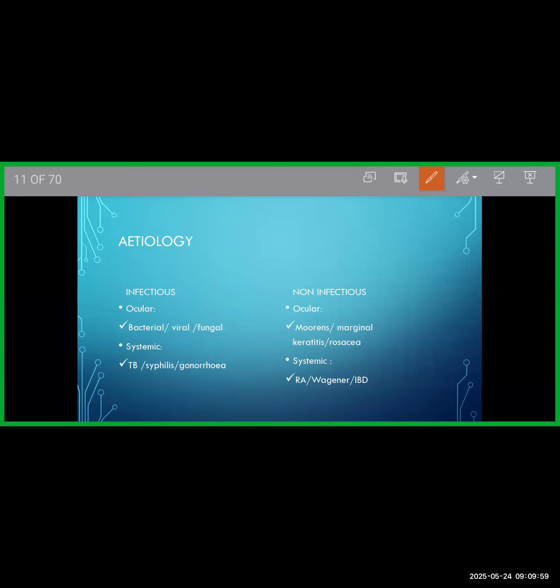And also systemic diseases such as tuberculosis, syphilis, and gonorrhea, through the same process, will result in peripheral ulcerative keratitis, PUK.